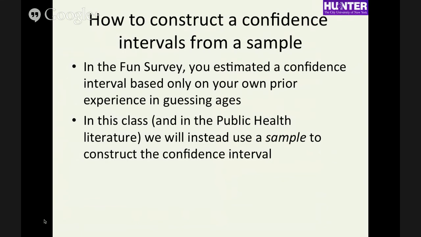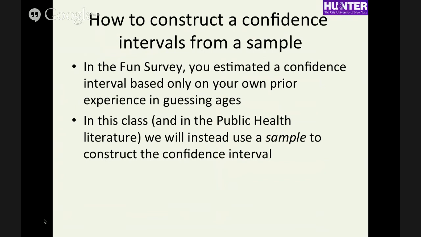So in this example, you constructed a confidence interval based on your past experience of people whose ages you knew, and applied that to me. When you do this in research surveys, you're not just going to guess a confidence interval, you're going to calculate it from a sample.